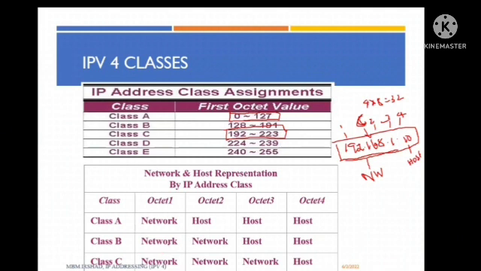If you take a class B address, the first octet is network, the second also network, the rest host. Class C has more network IDs compared to other classes, but class A has more hosts. With class A, you can create more hosts. With class C, you can create more networks but fewer hosts.